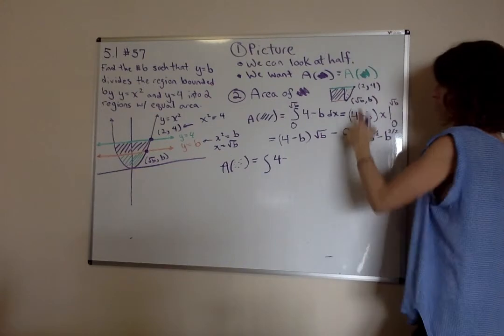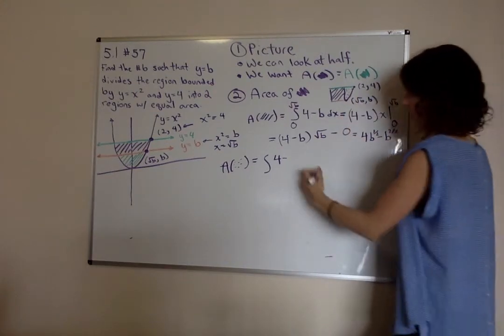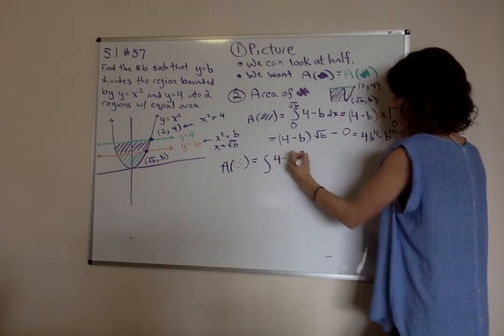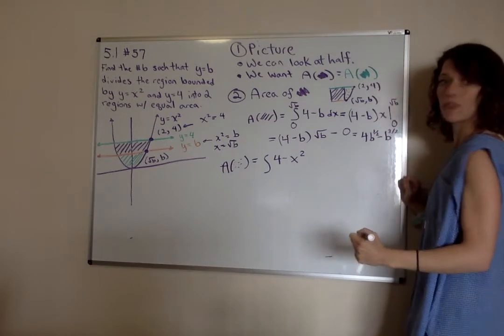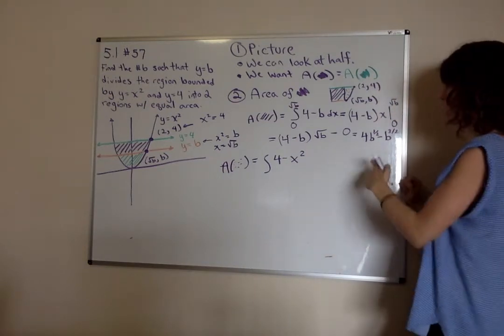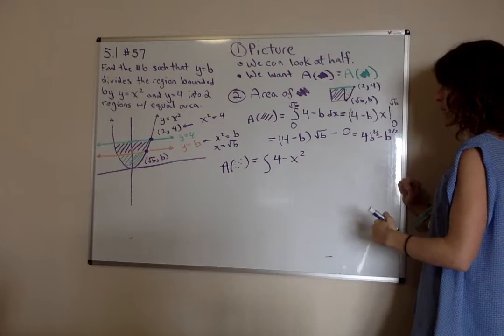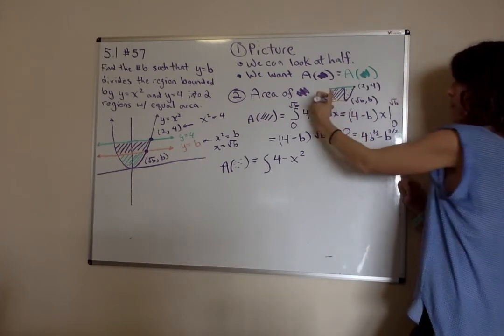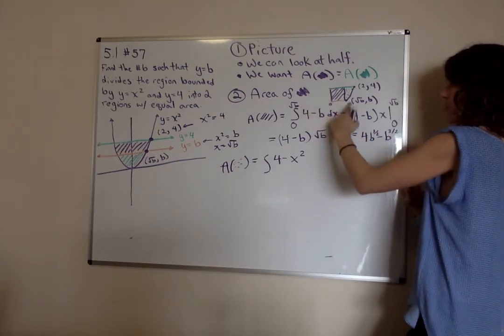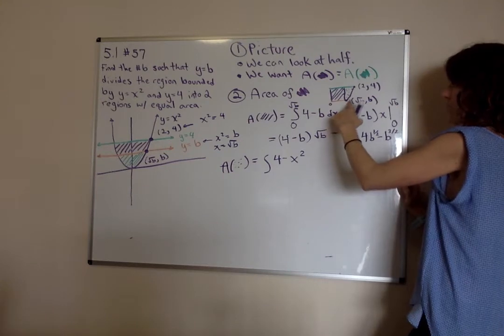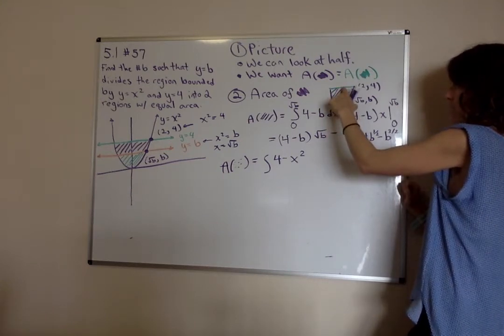And the bottom function now is the purple function, which is x squared. So I have the integral of 4 minus x squared. And now I want to think about my bounds. Before I went from 0 to root b, now I'm going to go from root b to 2.